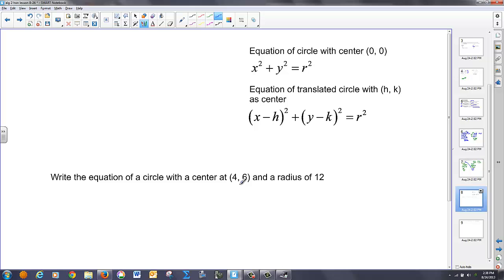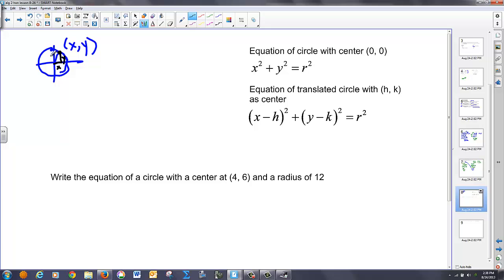Now we're going to talk a little bit about circles. If you remember from last year in geometry, hopefully you got the equation of a circle. The equation of the circle also stemmed from saying, I've got some point on the exterior of a circle, call it x, y, and if I were to move straight down and straight over from any point, I would create a horizontal distance x and a vertical distance y.